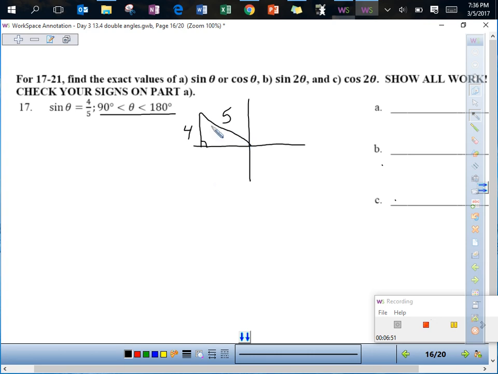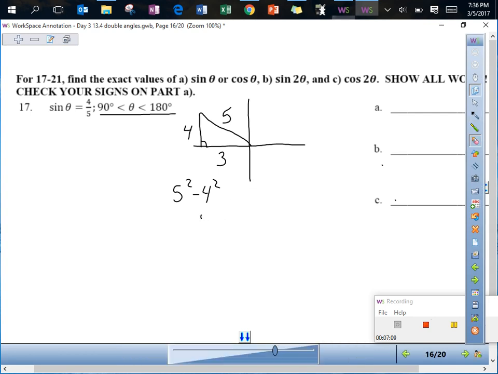Since you're given the hypotenuse, I'm going to go 5 squared minus 4 squared, which is going to give me this other side squared. So it looks like this is going to be 9 equals x squared. This value must be 3. Now, I'm not totally done with that. Notice that it's going to the left, so really this is a negative 3.